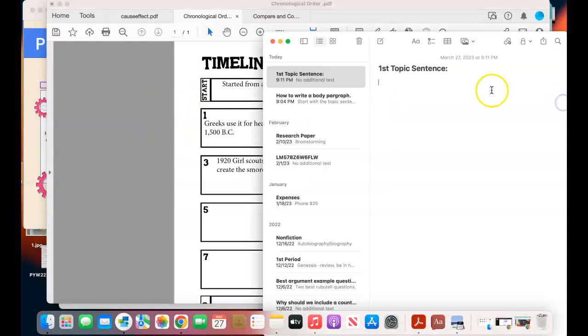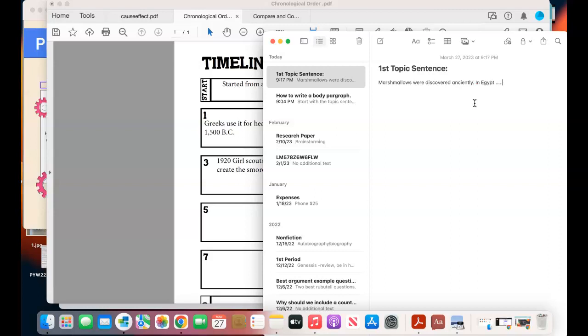So my topic sentence is going to be something like, marshmallows were discovered anciently. In Egypt, you can tell that I am not struggling.